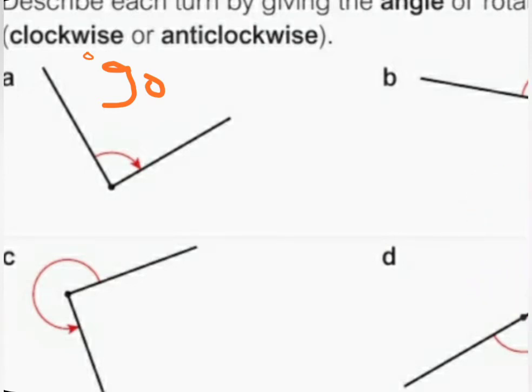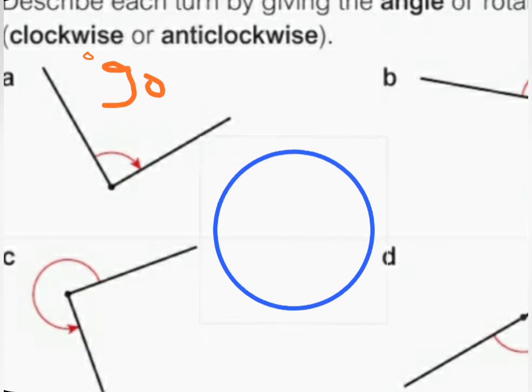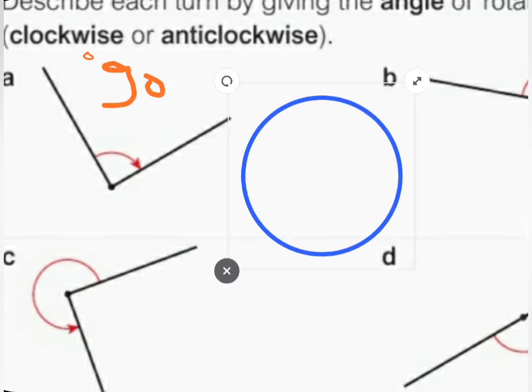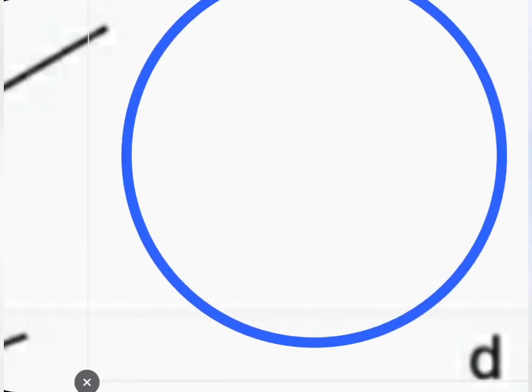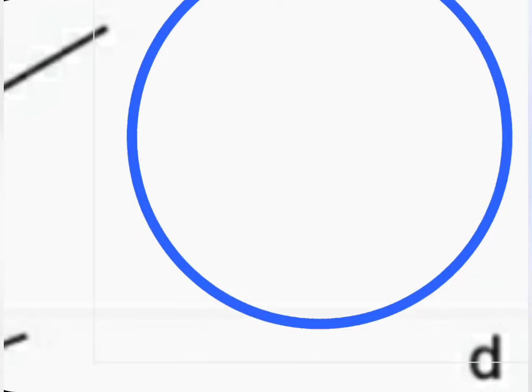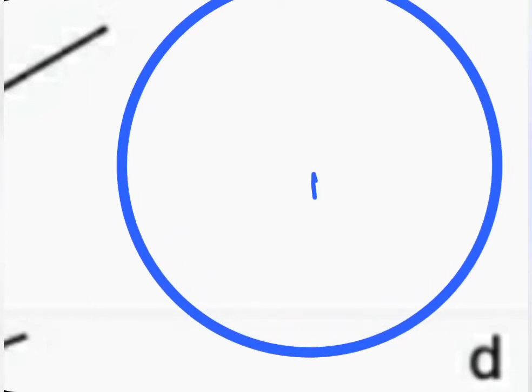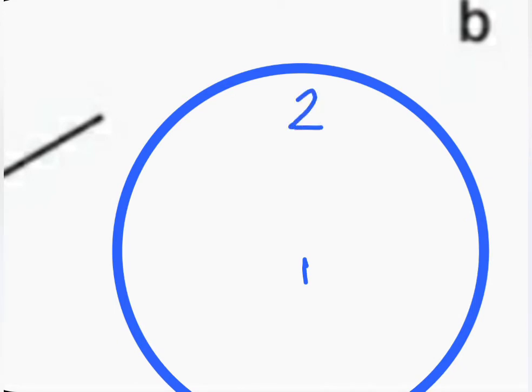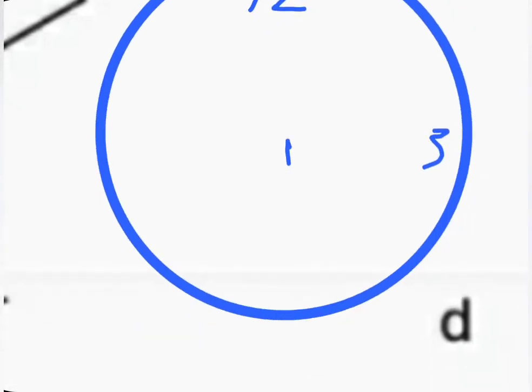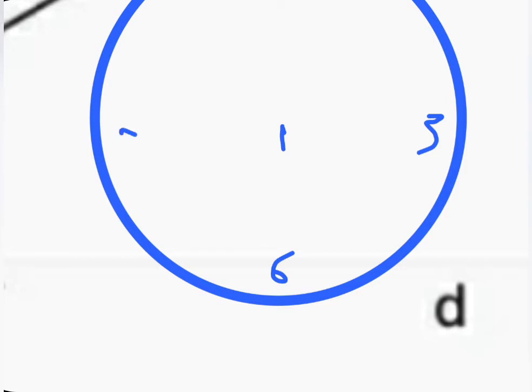Let's say we have a clock like this, a watch. Now, inside of it, we will have here 12, 3, 6, and 9.